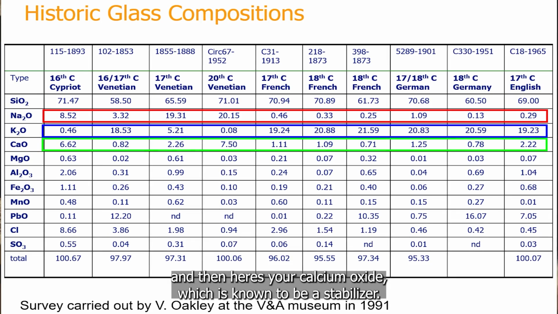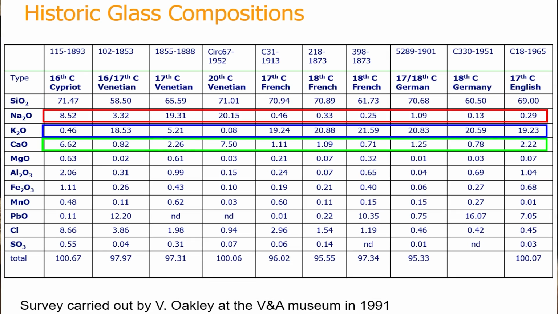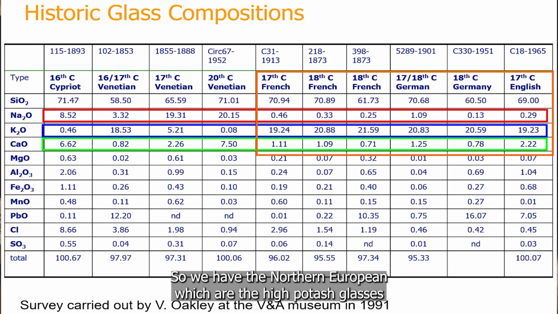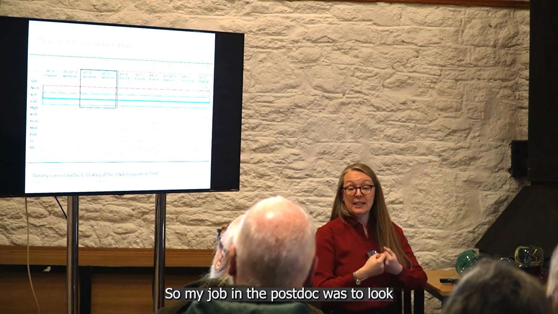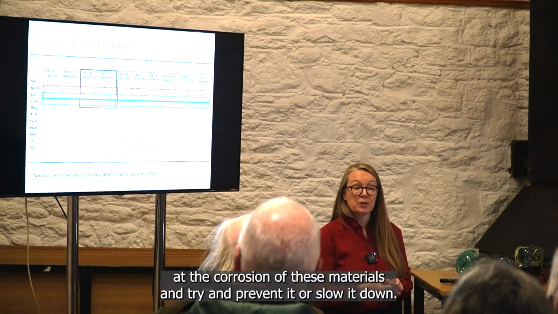And then here's your calcium oxide, which is known to be a stabilizer. So you can see on that green line, the amount of calcium oxide is quite low. And then we've got these two groups. So we have the Northern European, which are the high potash glasses, and the high soda lime glasses, which is your Venetian material.